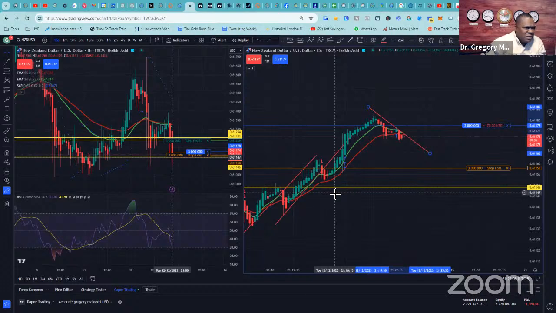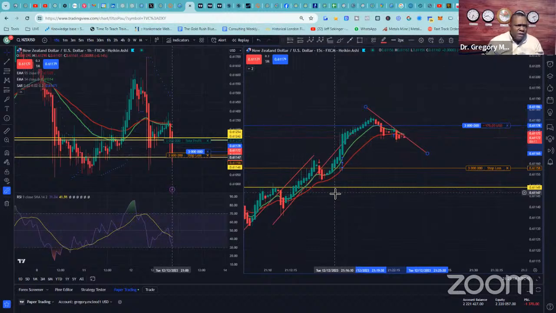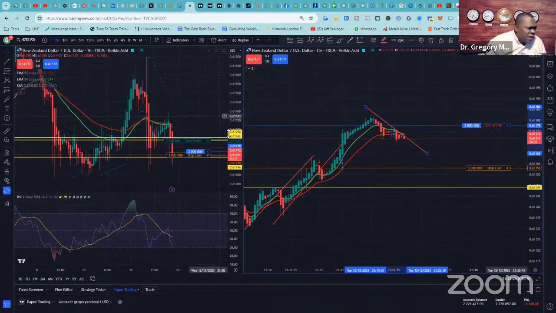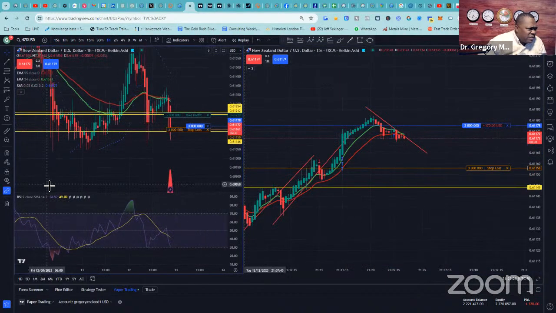$61.17, Kiwi dollar, at the very bottom of the heat map. Might have a little rubber band, maybe a stretch back. On the 1 hour, lots of support in this 61.16 area.